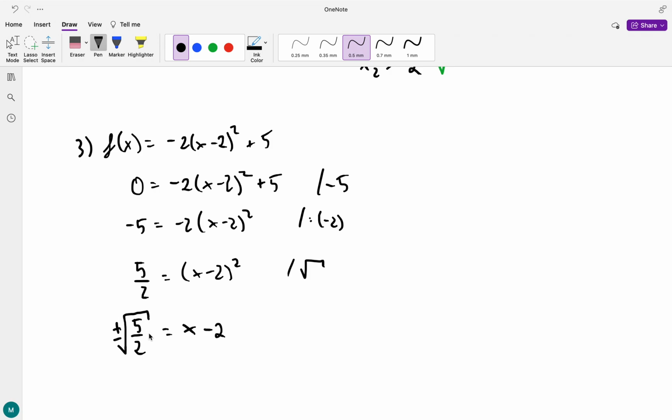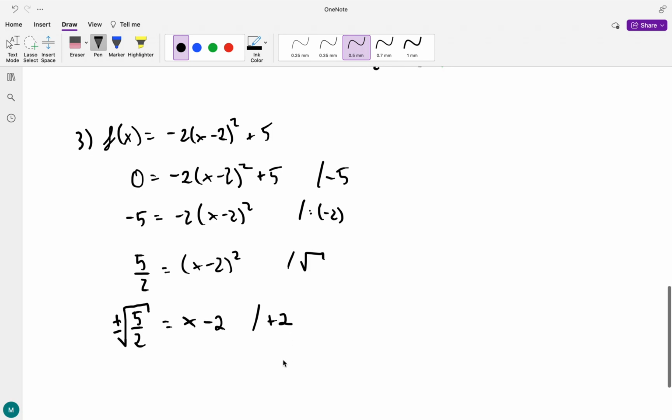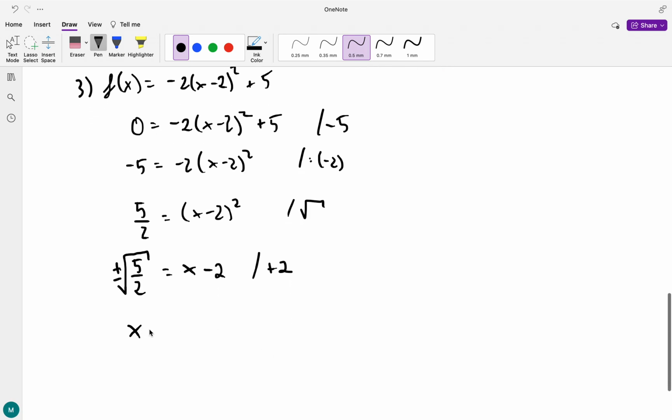Obviously, let me not forget the square root. And lastly, we need to add 2 to both sides. So it seems that our x will be equal to 2 plus or minus the square root of 5 over 2.